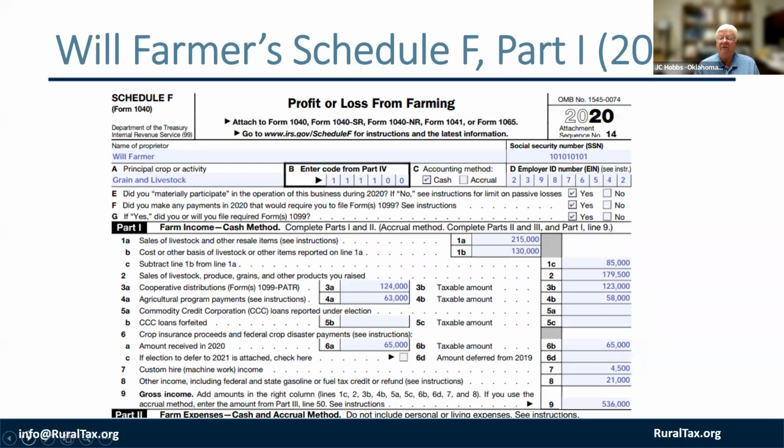His custom hire, 4,500. His other income, there was some state fuel credit or gasoline credit. And there was also a state grant that he applied for and received that is taxable. So his gross income, summing all those numbers together, is 536,000.